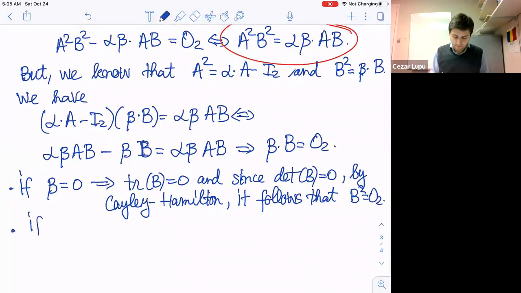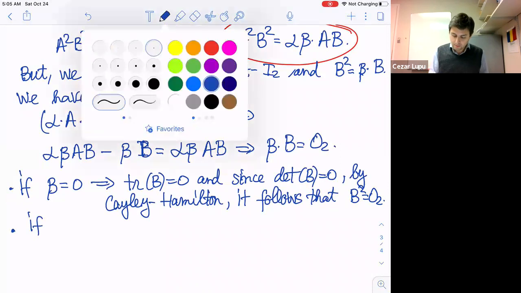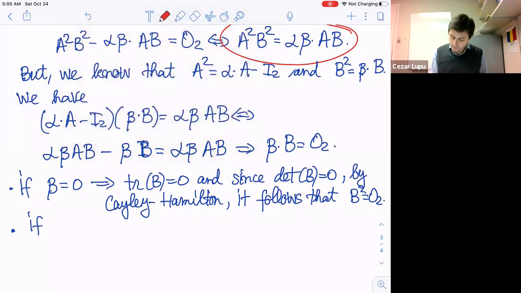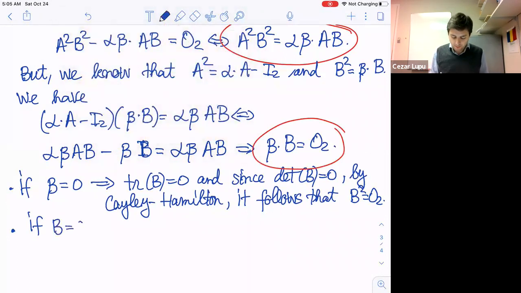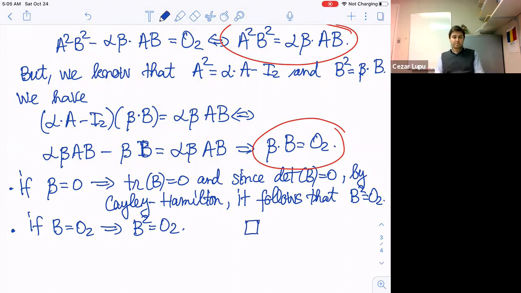Well, the other option, so keep in mind that we're looking at this equality here, is if the matrix B is the null matrix, then clearly B squared is O2. So in either case, the conclusion follows. Okay. So that's the problem.